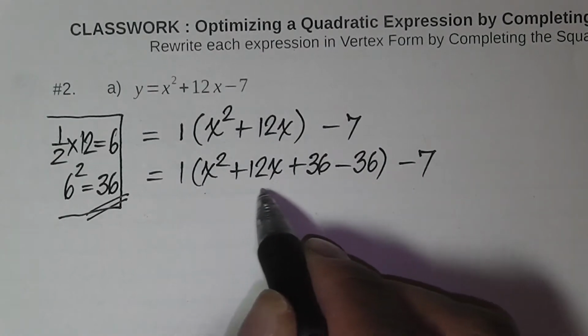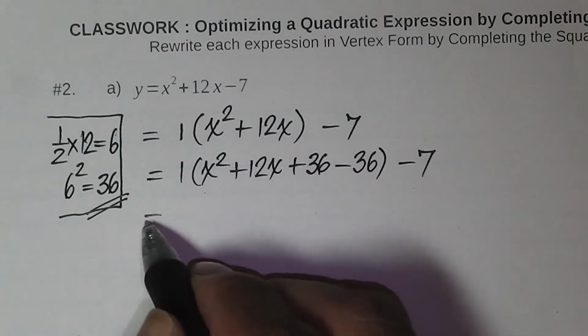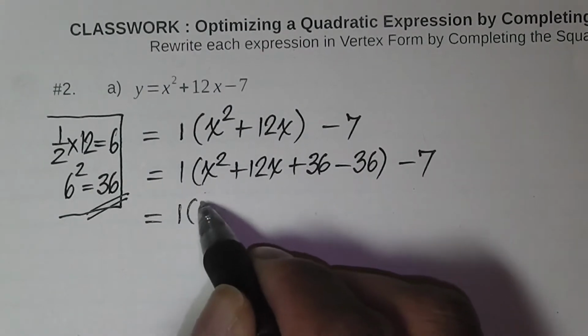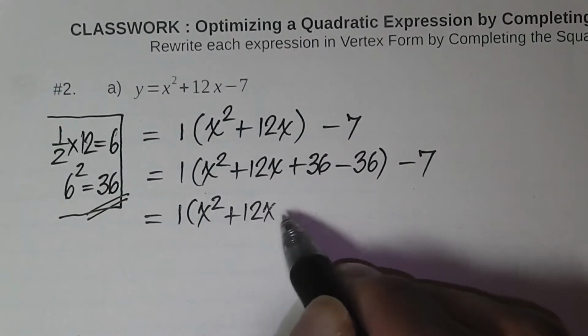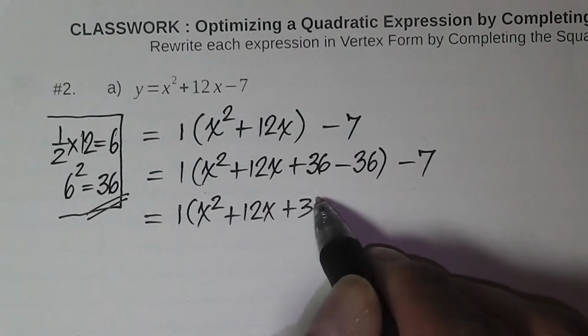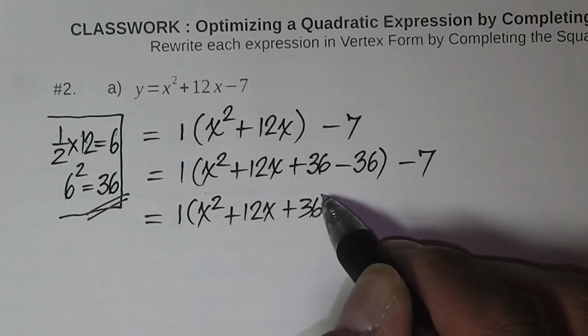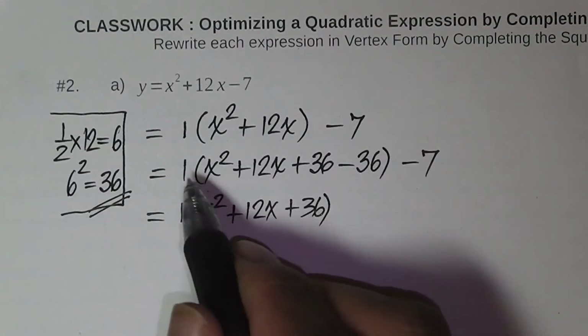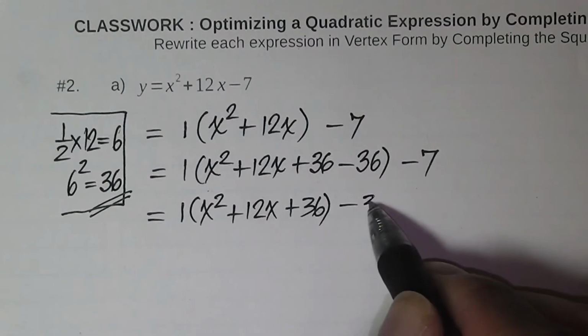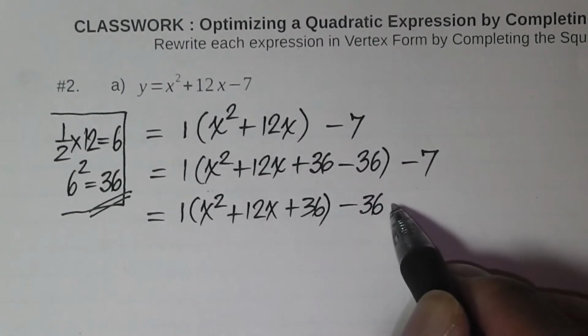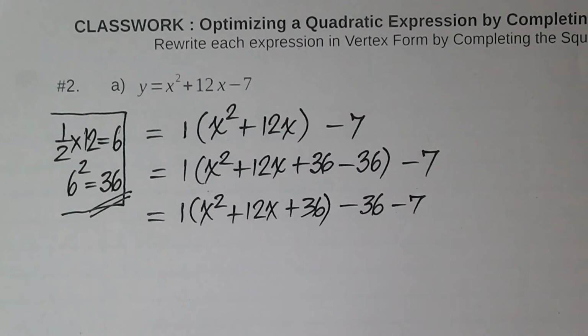We're going to group the first three. So that's going to look like this. 1 x squared plus 12x plus 36, close brackets, positive 1 times negative 36, and my negative 7.